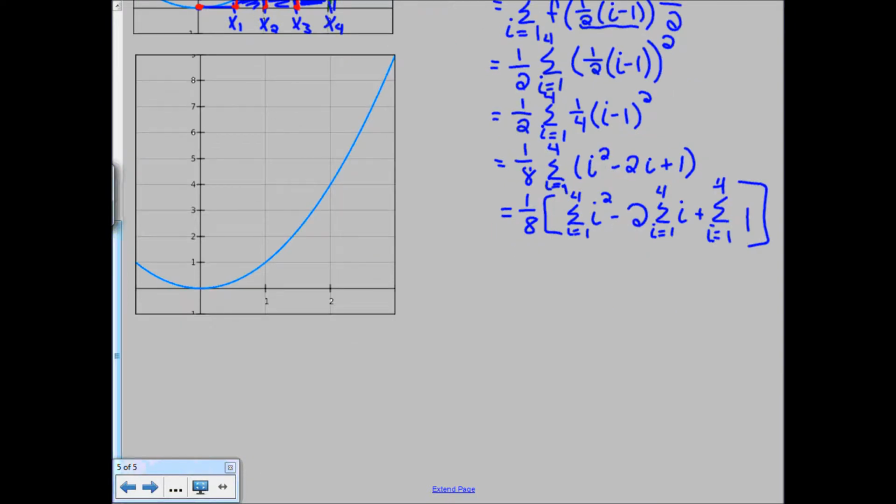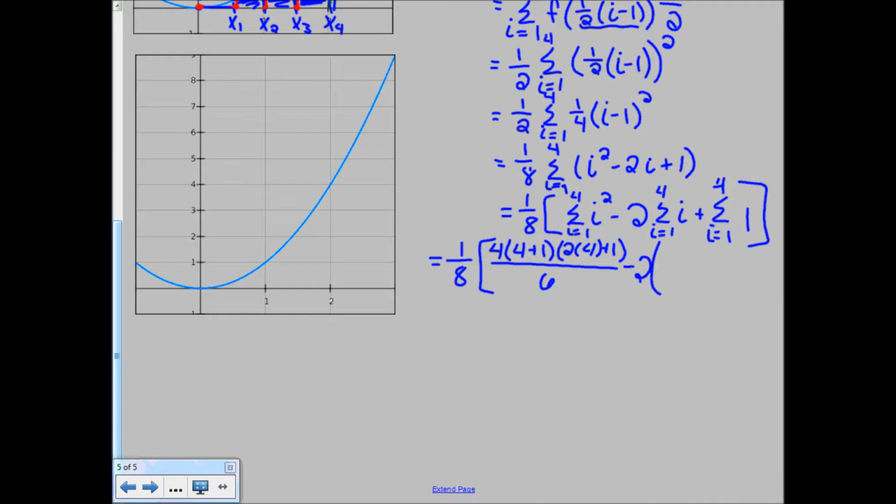So now all we're going to do is plug into our summation formulas and figure out what we're working with. So the sum of i squared is always going to be 4 times 4 plus 1 times 2 times 4 plus 1 all over 6, minus 2.